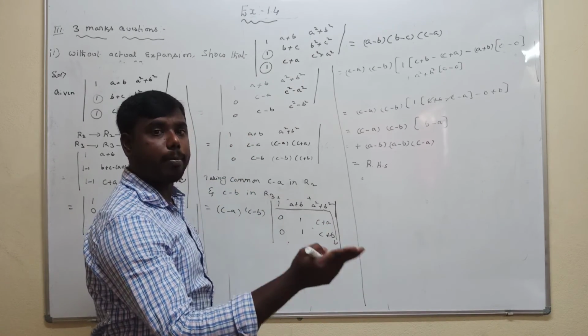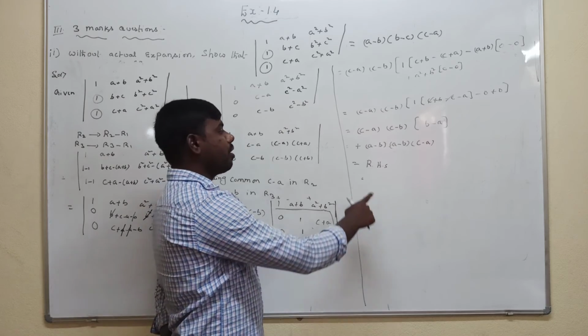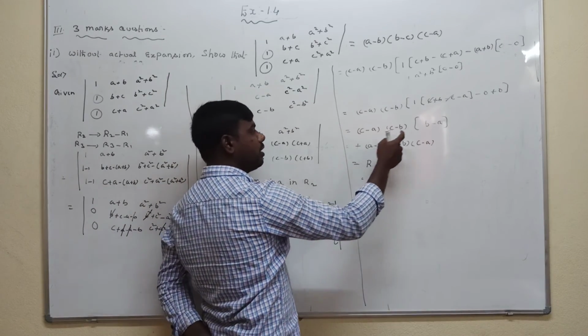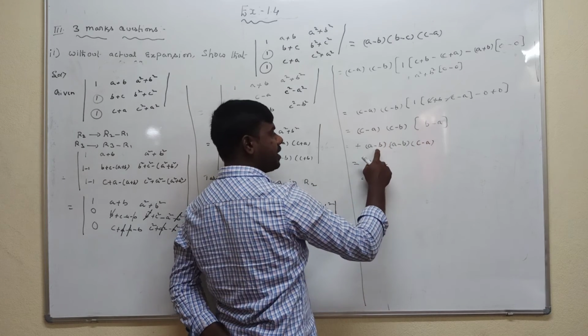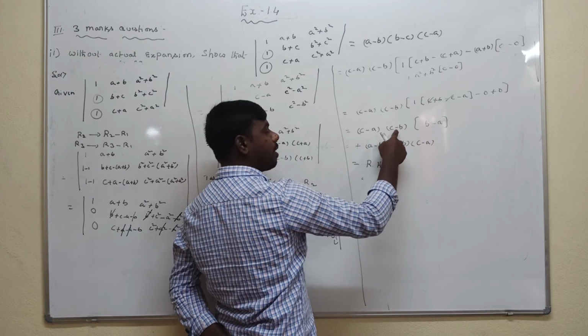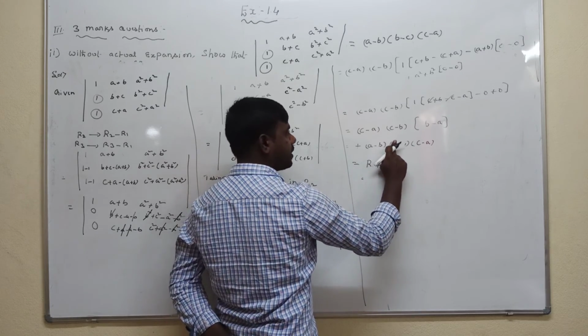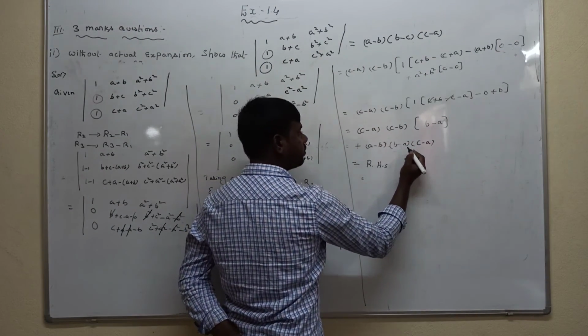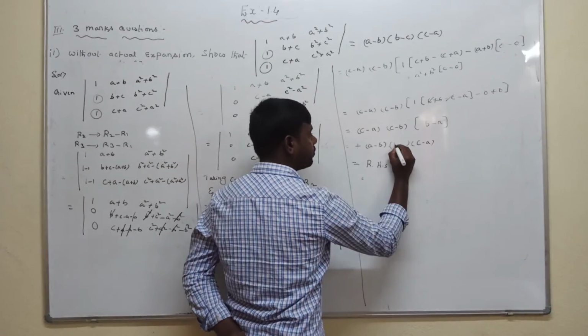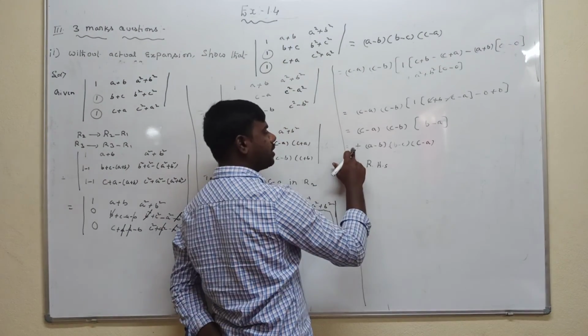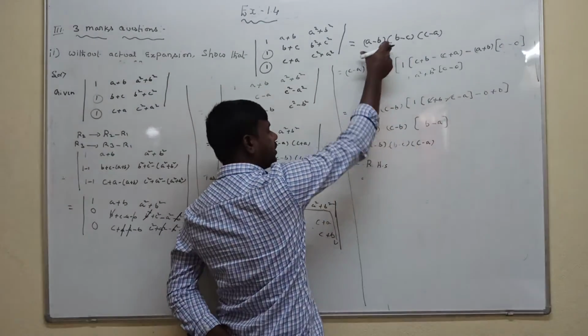That's why taking common minus outside. Already one minus is there. One more minus multiplied with negative, into negative plus. Here you take common minus outside, we get the element a minus b. Here taking common minus outside, we get the element b minus c. So finally negative into negative plus, we get the RHS condition.